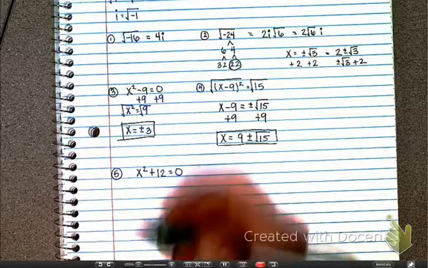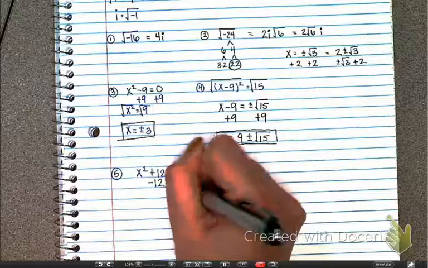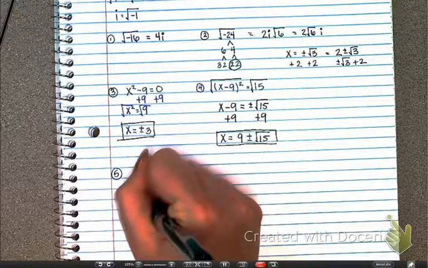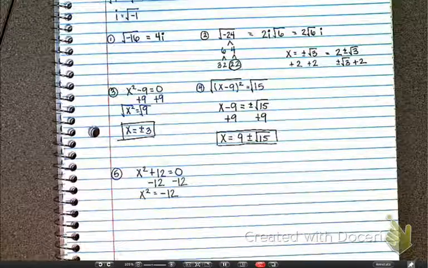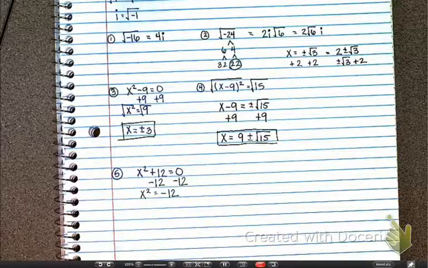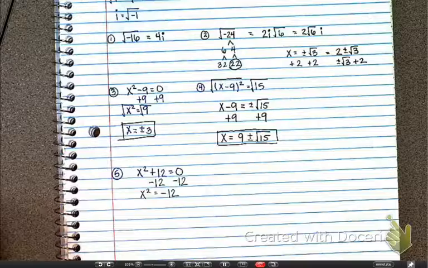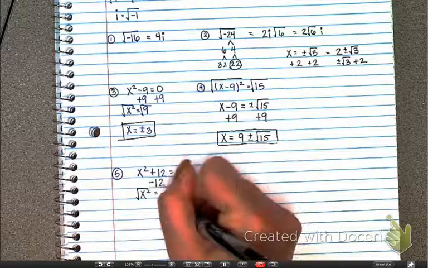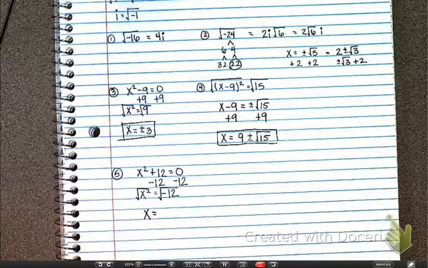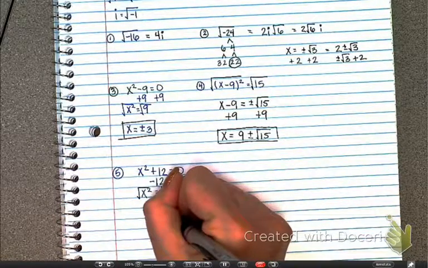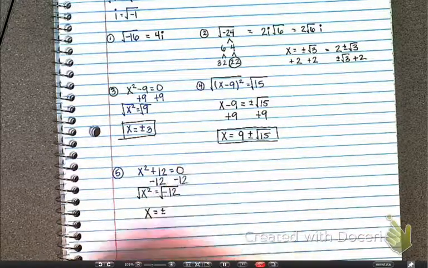Subtract 12. So you get x squared equals negative 12, right? Okay, now what? Square root. X equals plus or minus.